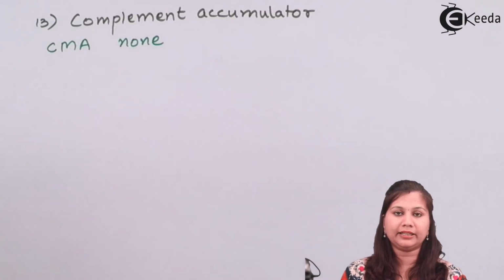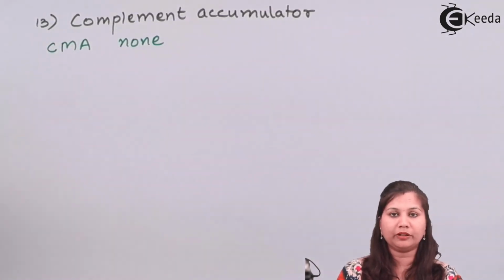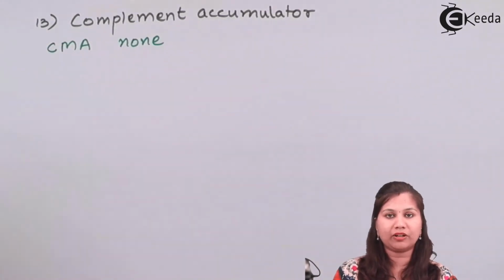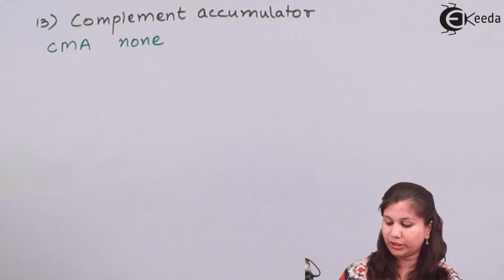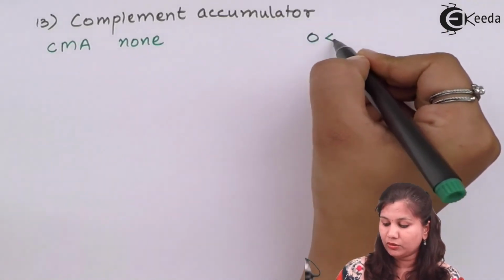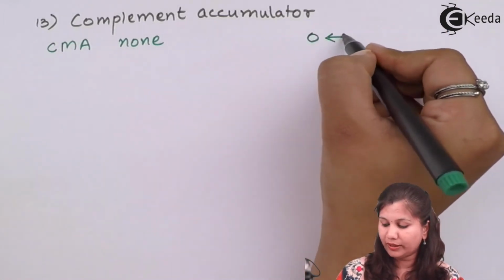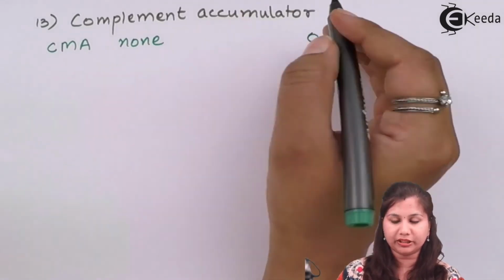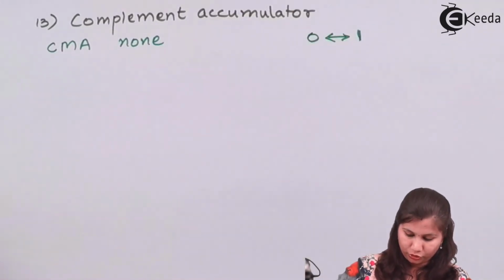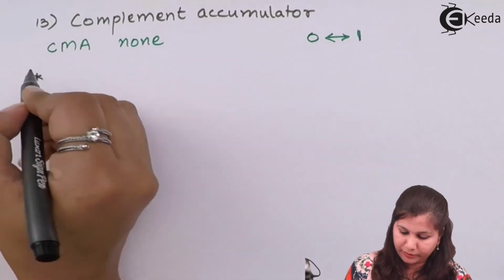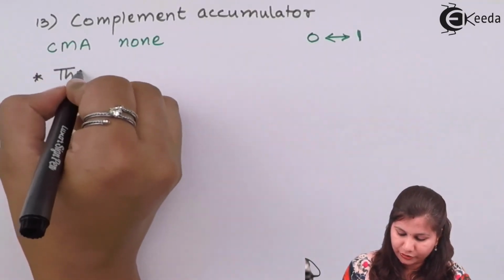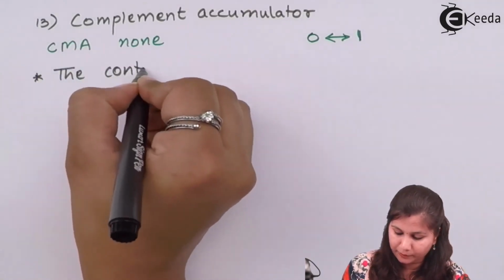Complement means that if the bit is 0, it will become 1, and if the bit is 1, it will become 0. 0 and 1 are complements of each other. So here each bit, or we can say the contents of the accumulator, are complemented.